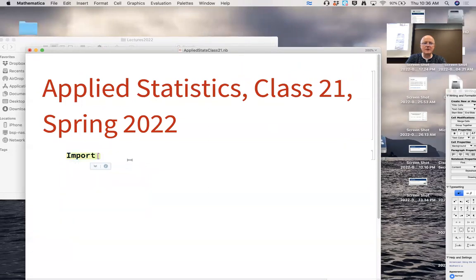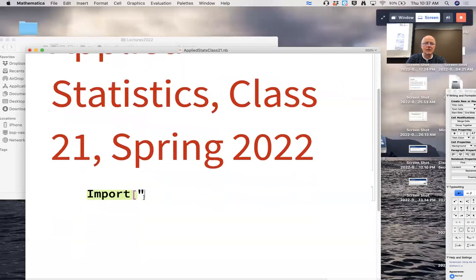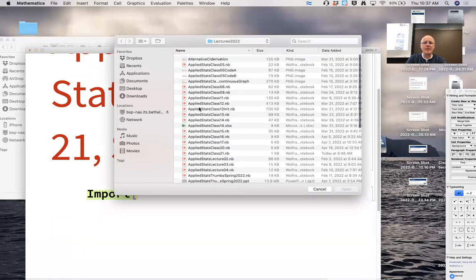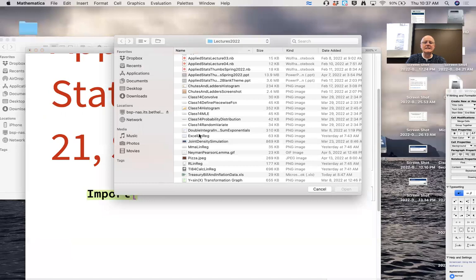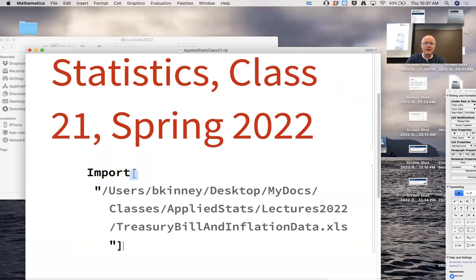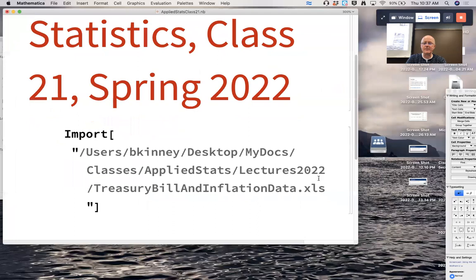But also, if you start typing quotes, it'll bring you to a file browser. So I'm looking for the spreadsheet. And where is it? There it is, treasury bill and inflation data. It looks at the directory structure in my computer and goes to the correct thing when I choose it that way.